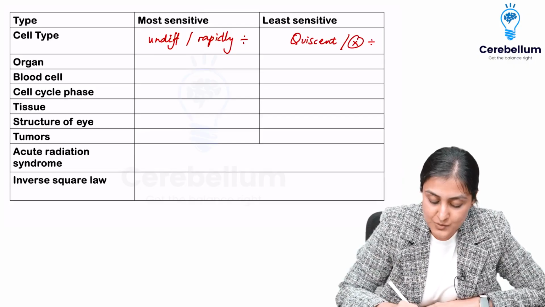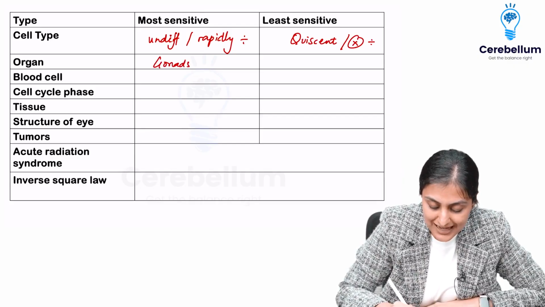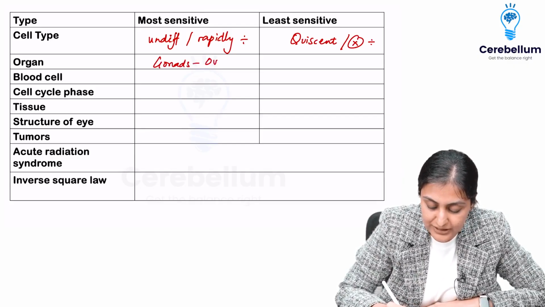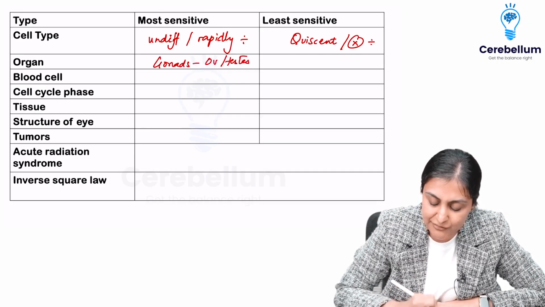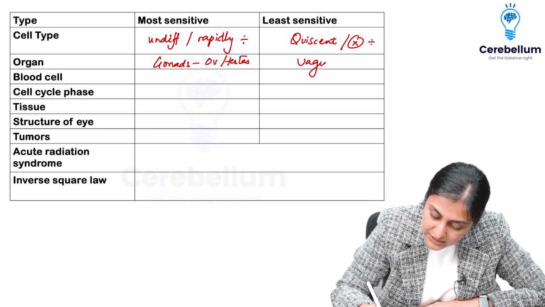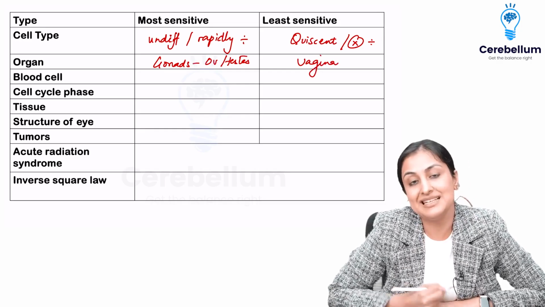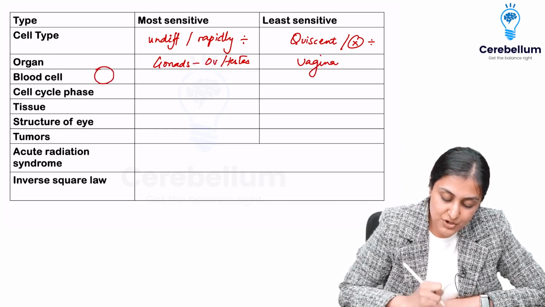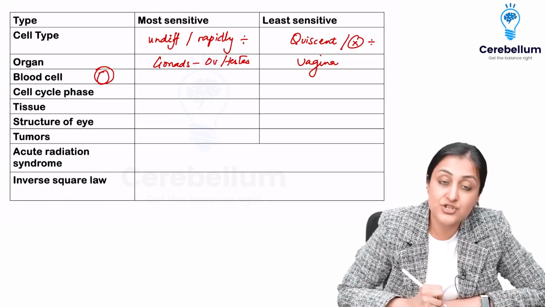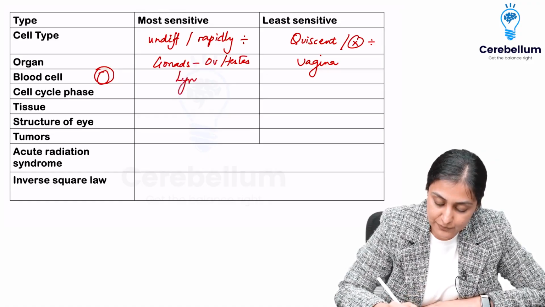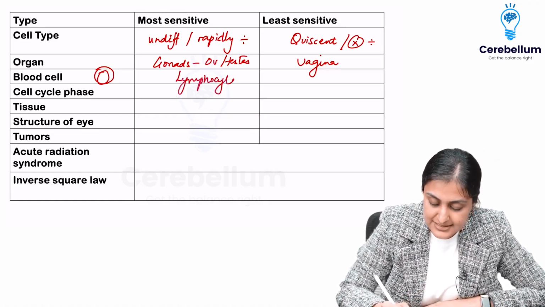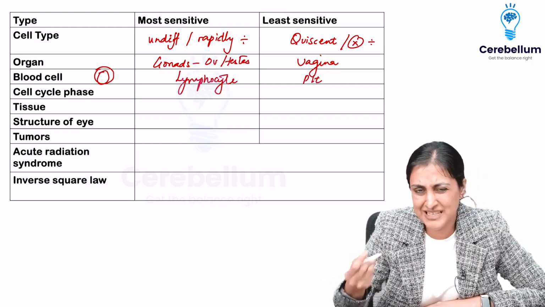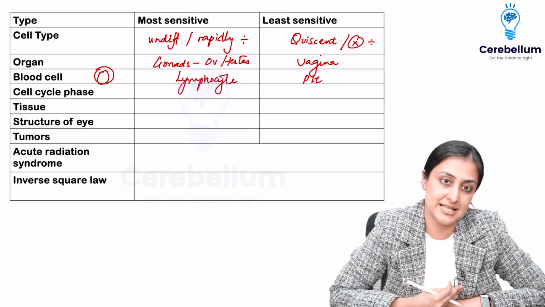The organ that is most sensitive is the gonads, so basically ovary or testis, whatever they give. The least sensitive organ is the vaginal epithelium because it is very well differentiated. The blood cell which is most sensitive has the largest nucleus, and that is the lymphocyte, whereas the least sensitive is the platelet: very small, no nucleus.